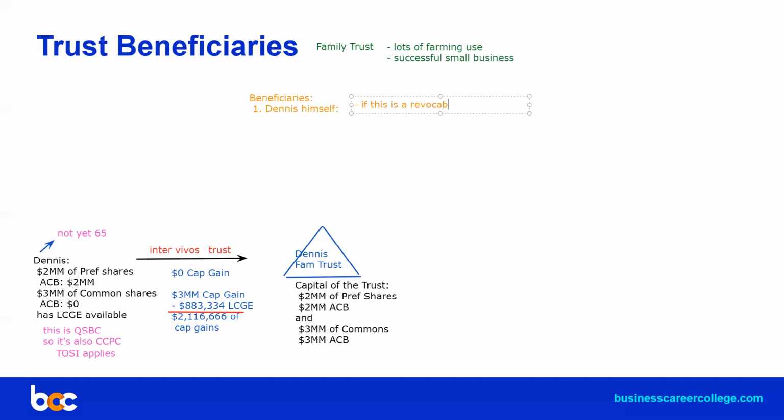So if this is a revocable trust, which means that Dennis can resume control at his discretion, then we really don't have a trust anymore, okay? So if we make it revocable, that is if Dennis is the trustee as well, then we have a revocable trust. And if it's a revocable trust, then any income is attributed to Dennis.